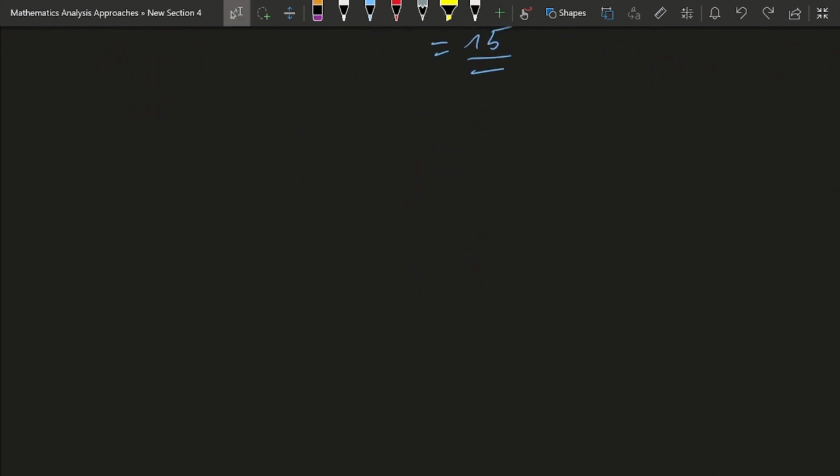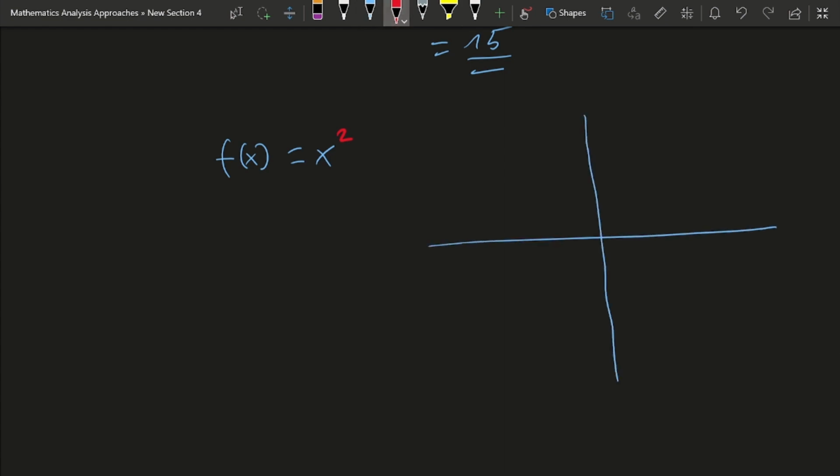So now let's look at quadratic functions. Might sound scary, but it's not really that scary. Quadratic functions are functions that include x taken to the power of 2, so x squared. Quadratic functions, when plotted on a graph, will have the shape of a parabola. This shape is called a parabola.